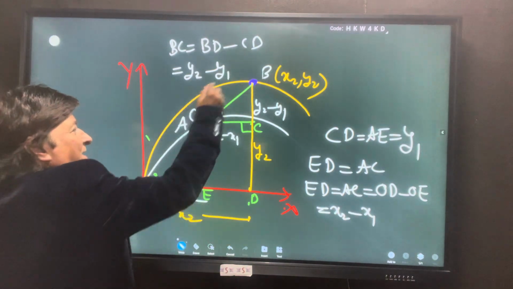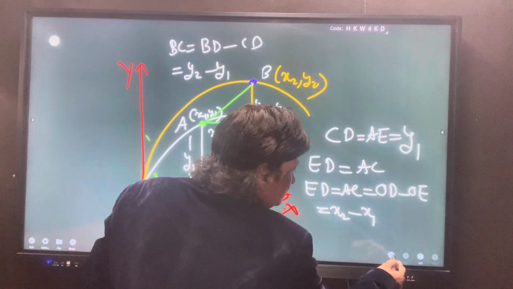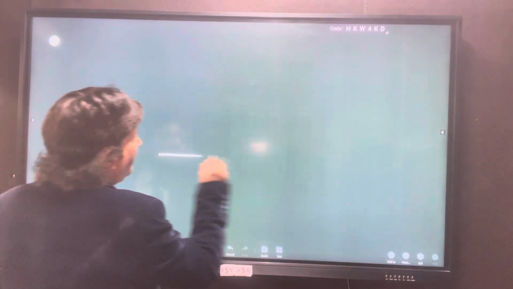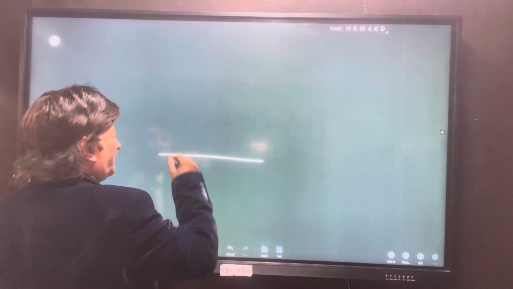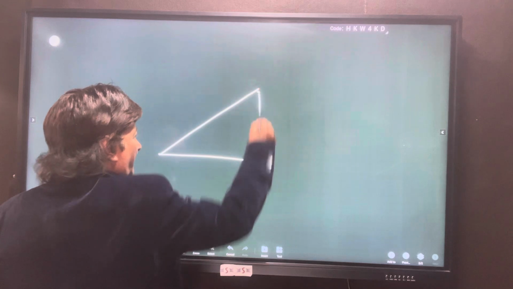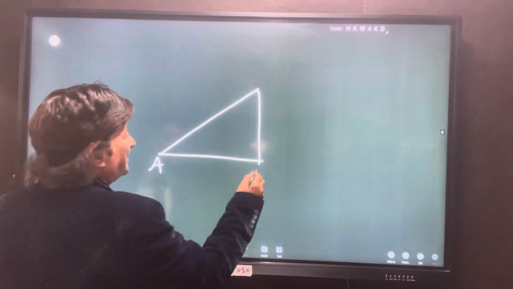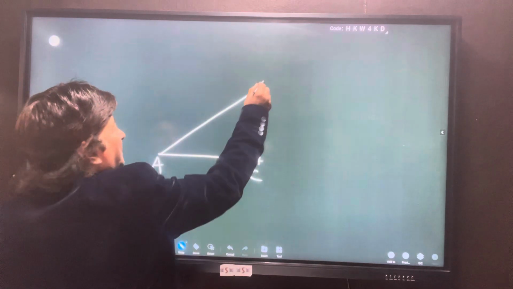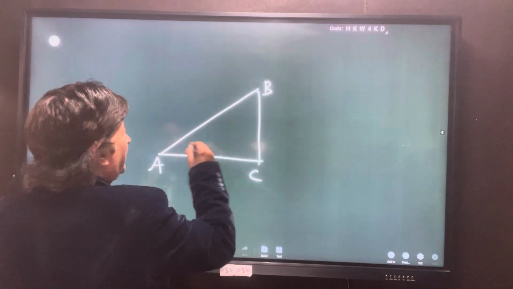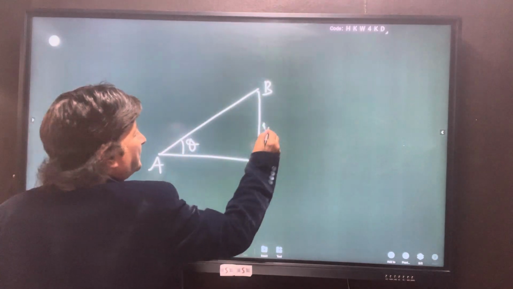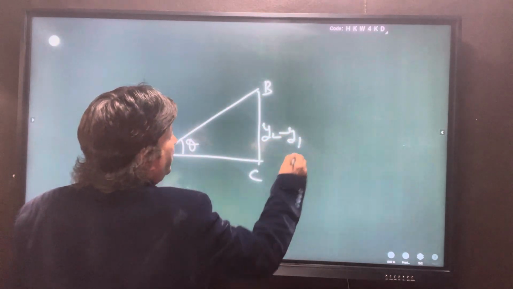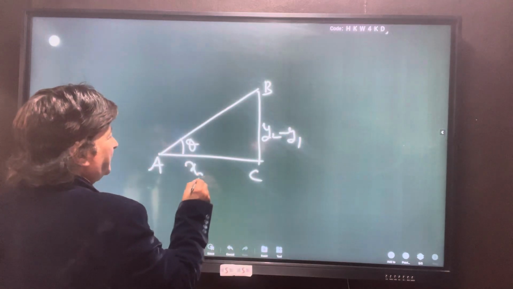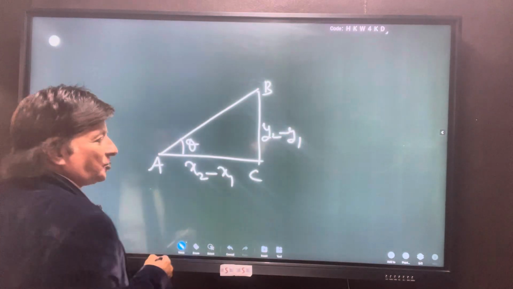Now I will take this triangle like this. This is AC, this is AB, this is an angle theta, this is y2 minus y1, this is x2 minus x1.